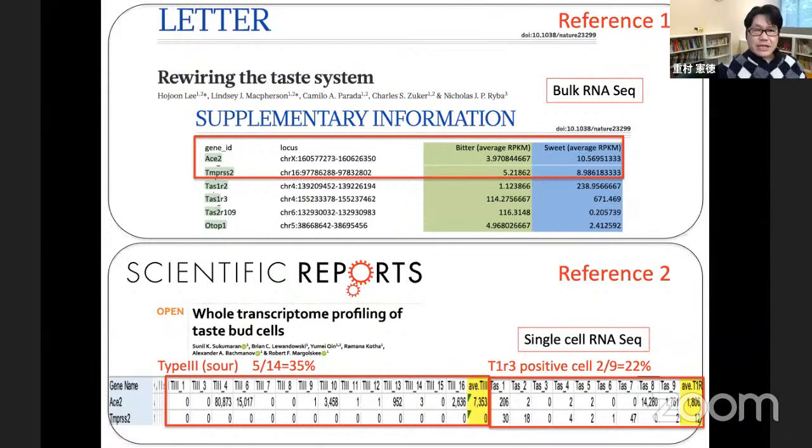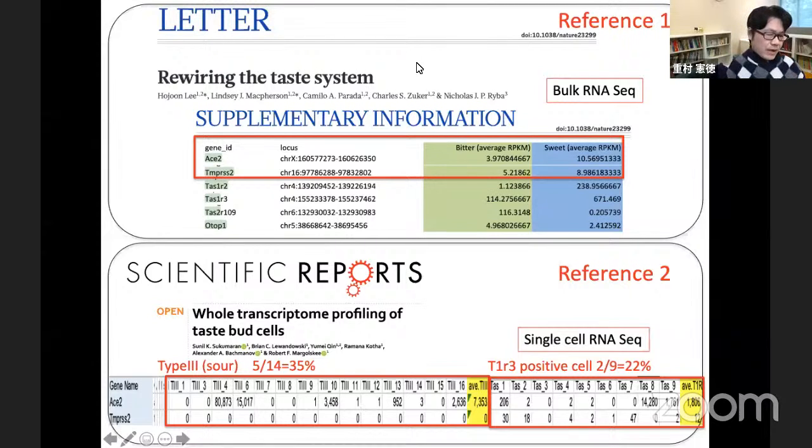I also examined the expression of ACE2 and TMPRSS2 by using RNA-seq open data by other research groups. This is a Nature paper. This is a Scientific Reports paper. They examined the expression of these genes in beta cell specific or sweet cell specific.